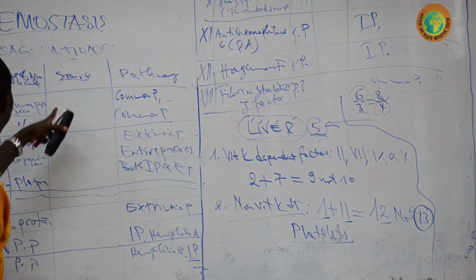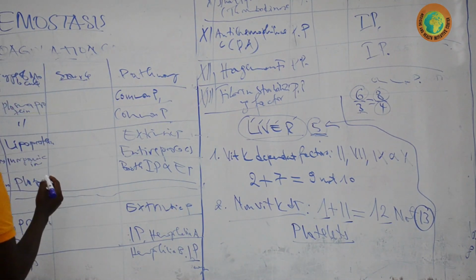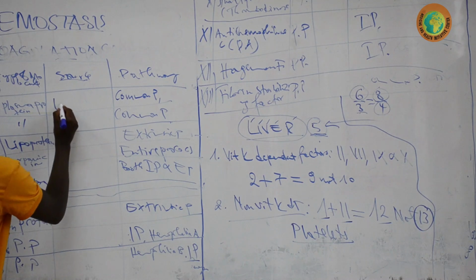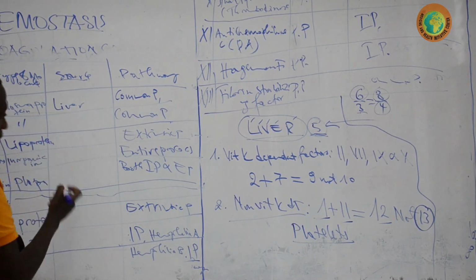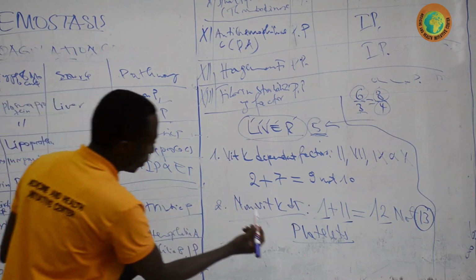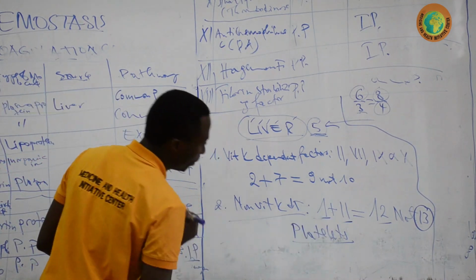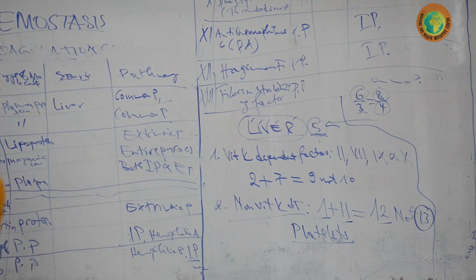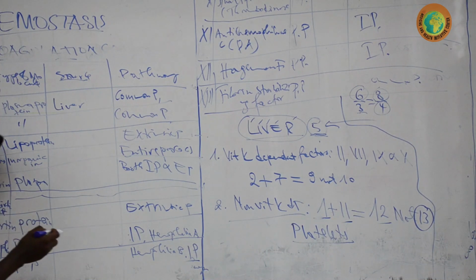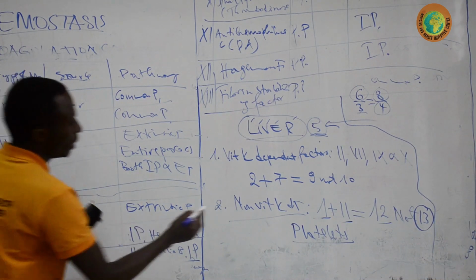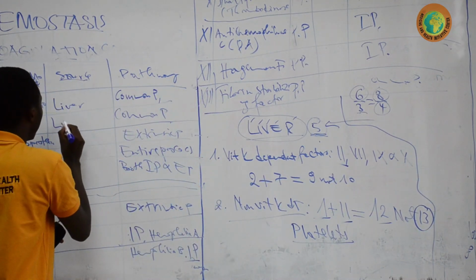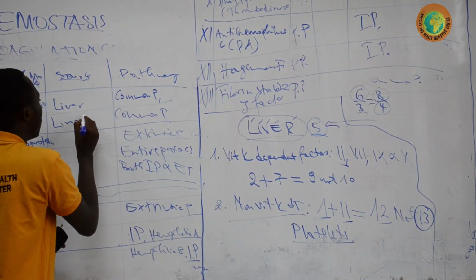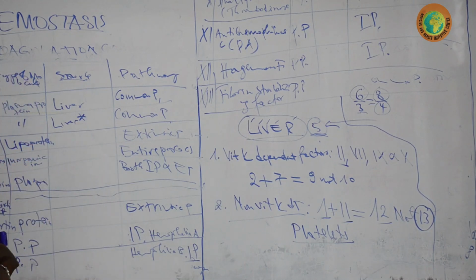I think we have said that fibrinogen, factor 1, is produced by the liver. Factor 2, prothrombin, is, of course, from the liver, but vitamin K dependent.